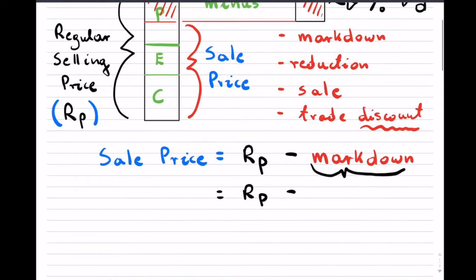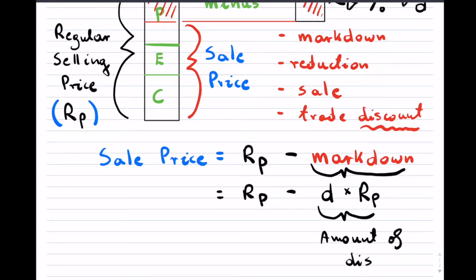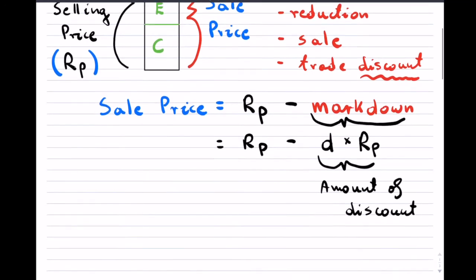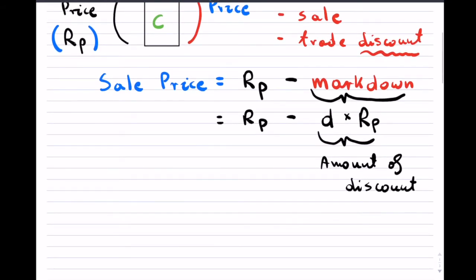Technically that markdown is really the discount that you get, which is multiplied by your regular selling price. So this is the amount of discount that you receive, or the markdown amount. And if you've watched the video on trade discounts, then this should all make sense. It's basically a reduction in price.